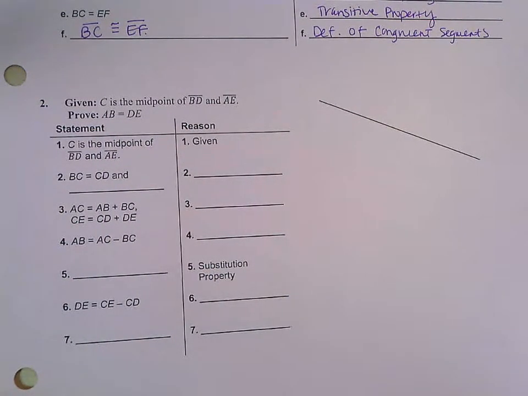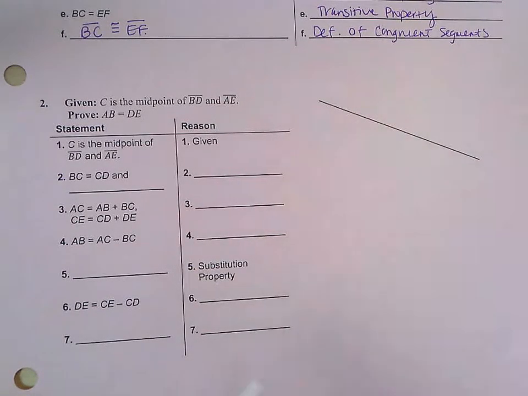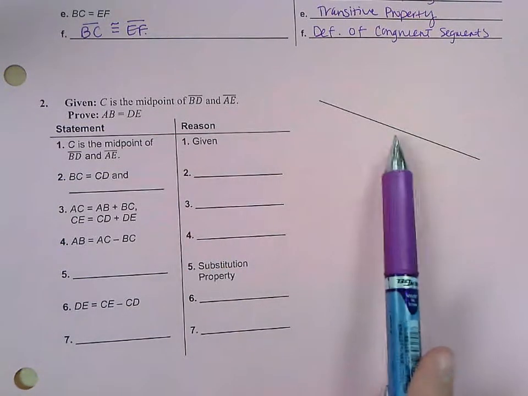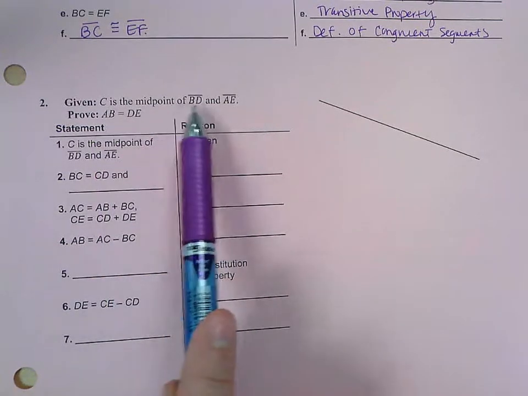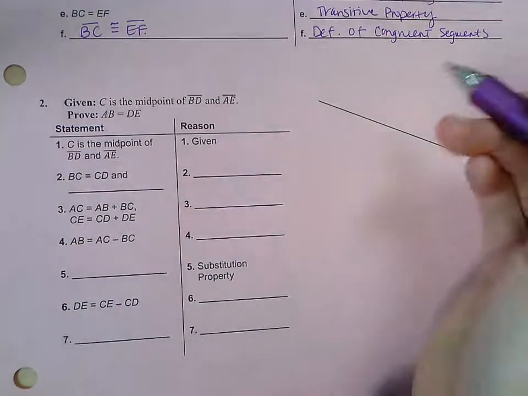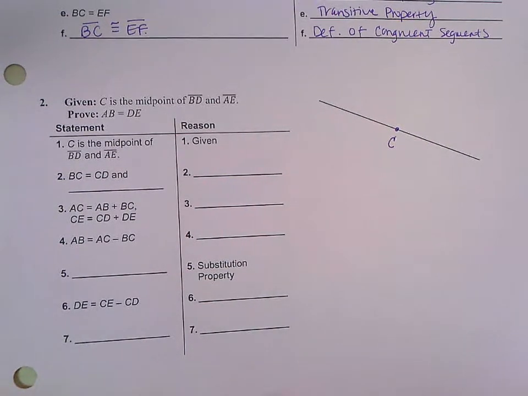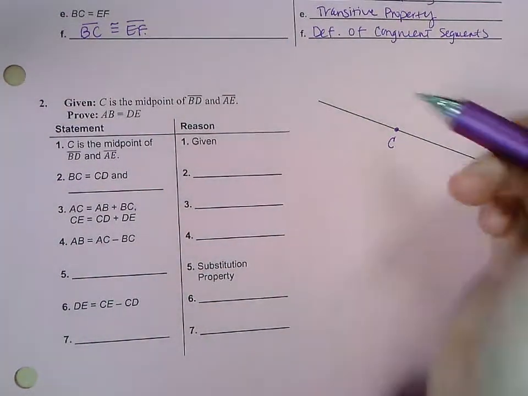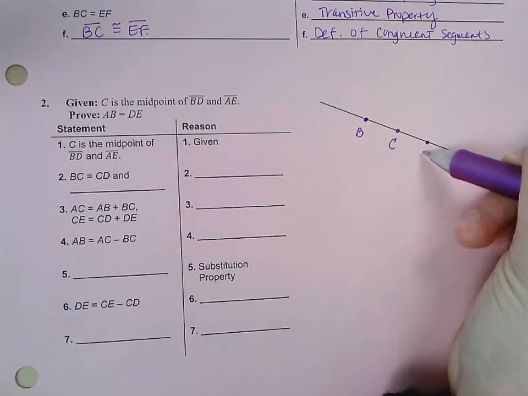So if we look at number two, we're given that C is the midpoint of segment BD and segment AE. And then notice, I have a segment here, nothing's labeled on it. So if you don't have a sketch, make one. If C is the midpoint of BD, I'm going to put point C on here, in between B and D. So I'll put B and D on either side.